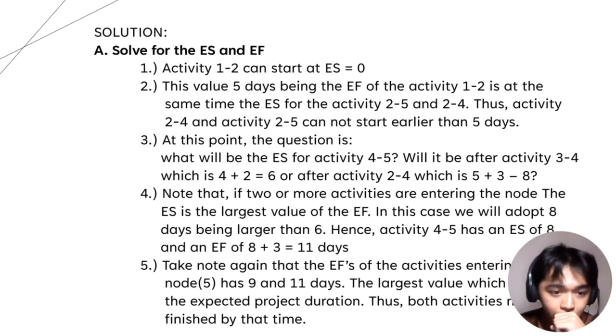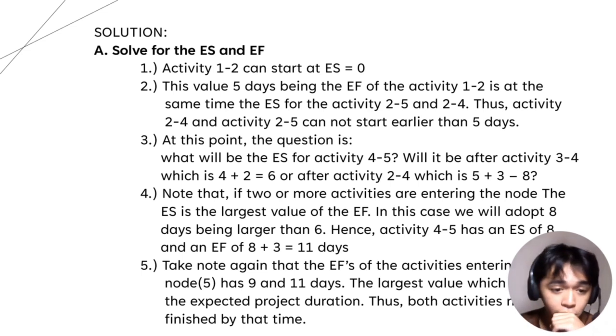So number 3, at this point, the question is, what will be the ES for activity 4 to 5? Will it be after activity 3 to 4, which is 4 plus 2 equals 6, or after activity 2 to 4, which is 5 plus 3 equals 8?